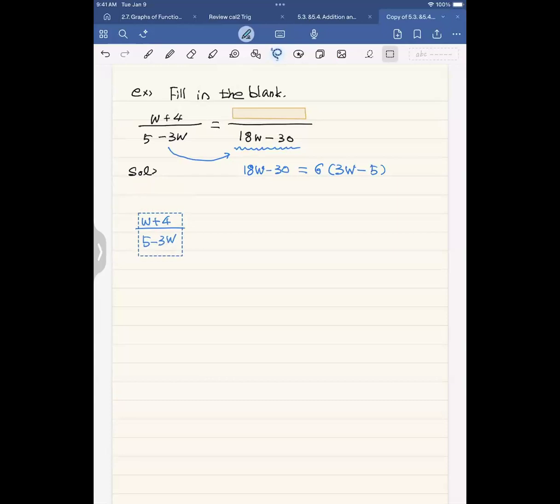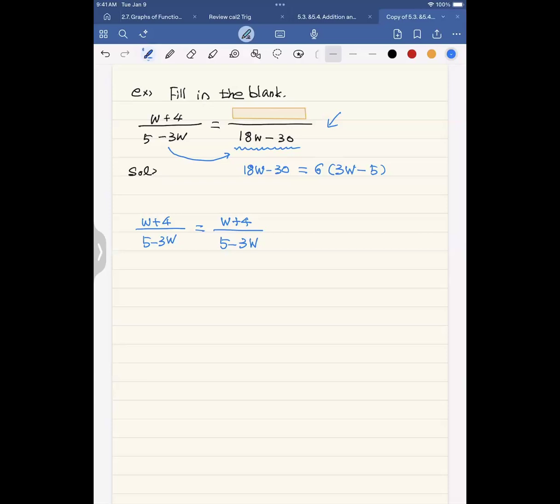What we know is the positions of 5 and 3w are switched. So, understanding that the fraction on the right side is transformed from the fraction on the left side, we just write what's in there.